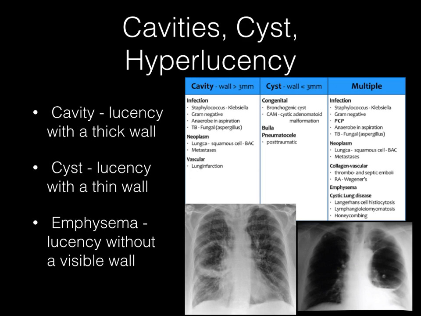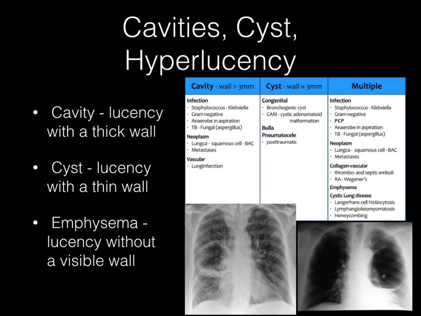Now, cavities are not uncommon to be seen even in consolidation in patients who are having pneumonia, as well as within lung cancer, and therefore cavities usually appear either within a mass or because of necrosis within a consolidation.